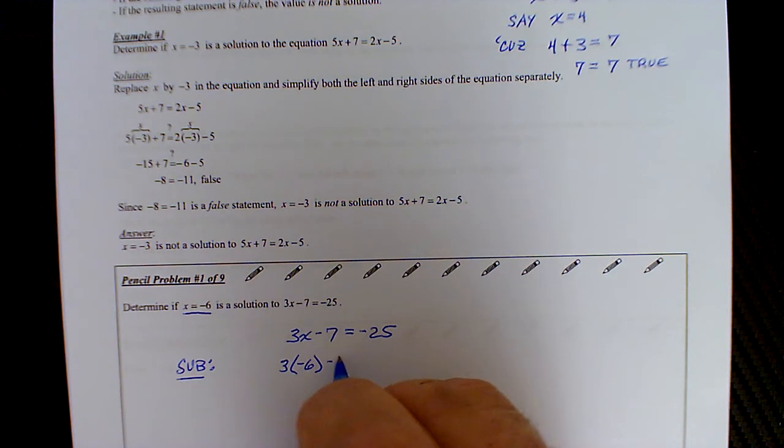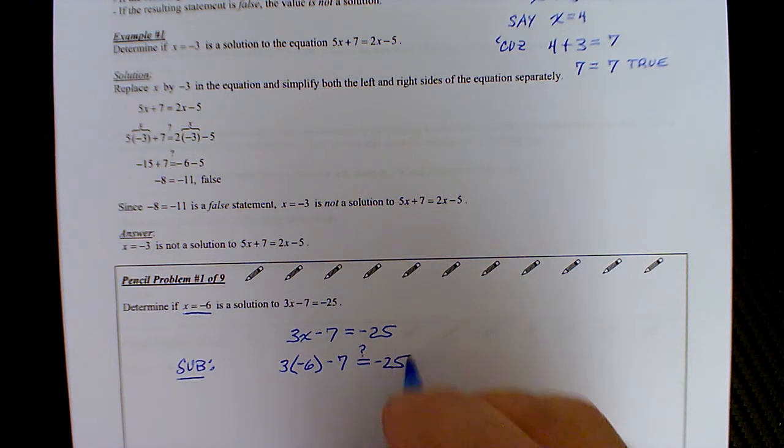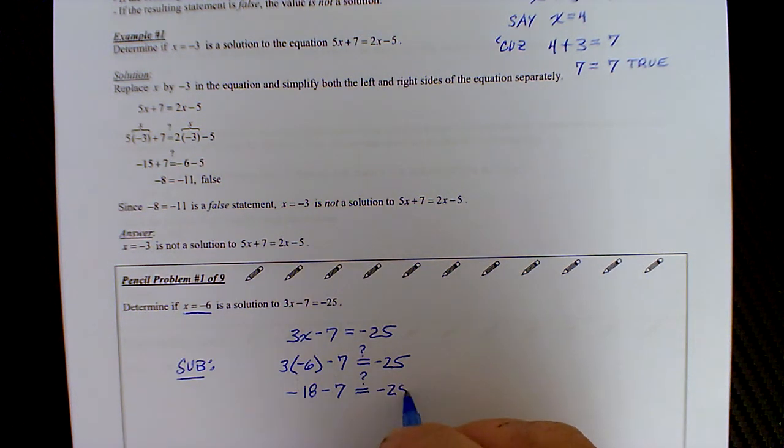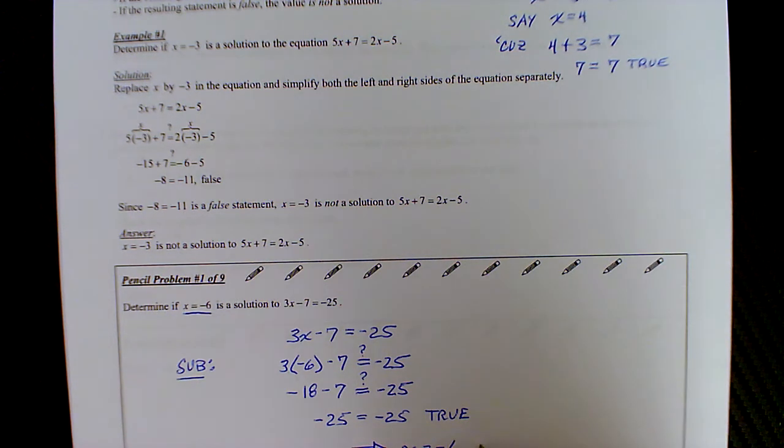I'm going to put a little question mark above the equals because I don't know if this is true or false yet, and then we'll just simplify the left-hand side. So 3 times negative 6 is negative 18, recopy, minus 7, is that equal to, I don't know yet, negative 25? And yes, negative 18 minus 7 is negative 25, which equals negative 25, so that's a true statement, which implies that x equals negative 6 is a solution.